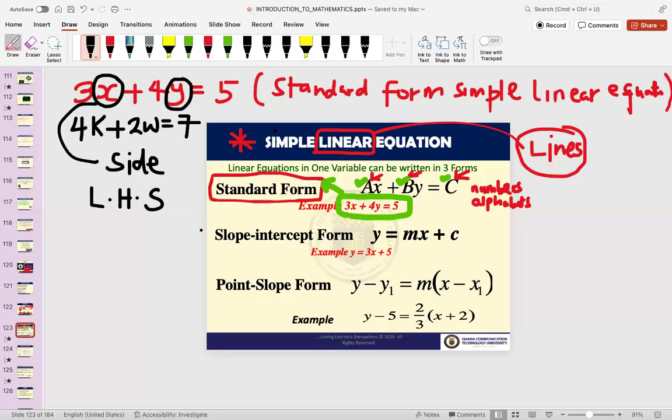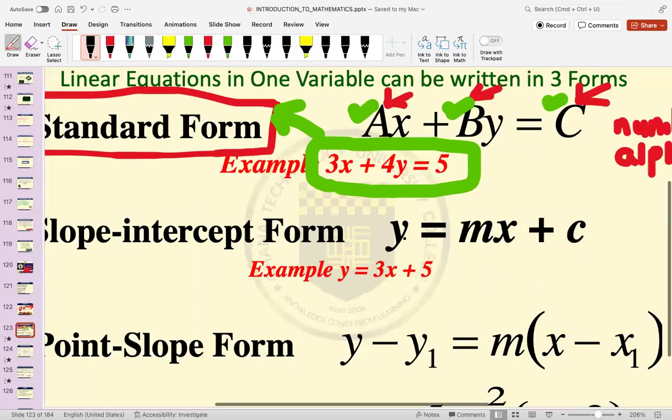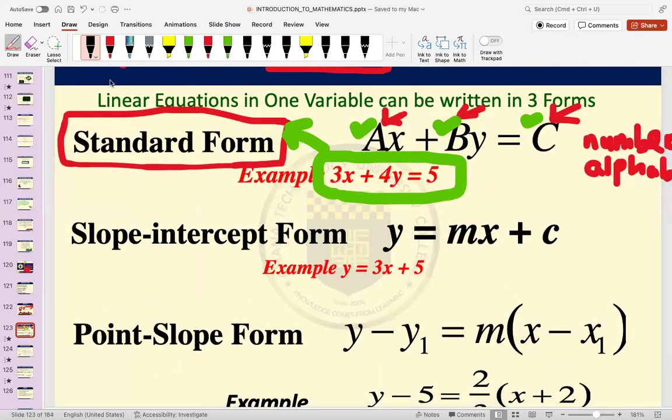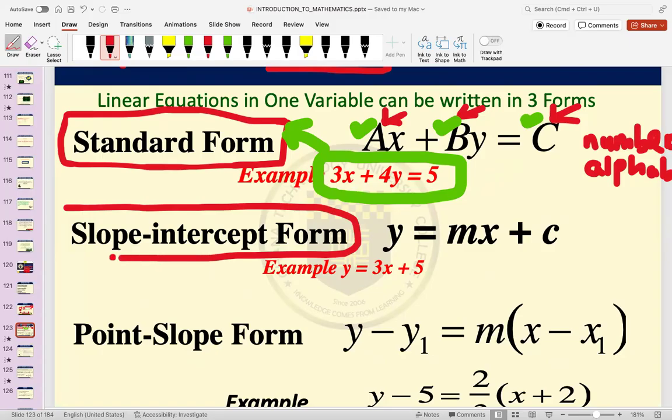Now, what if the variables are not on the same side? Then we are going to have a different name. And that name is called the slope intercept form. That is when the variables are not on the same side.